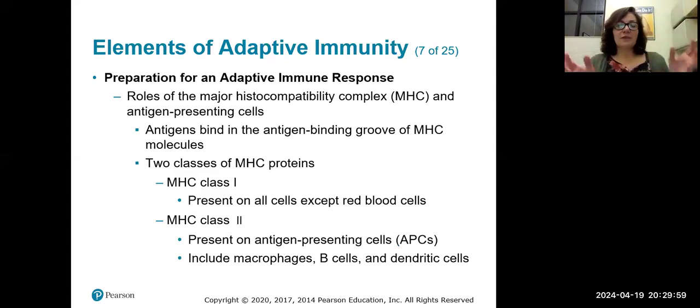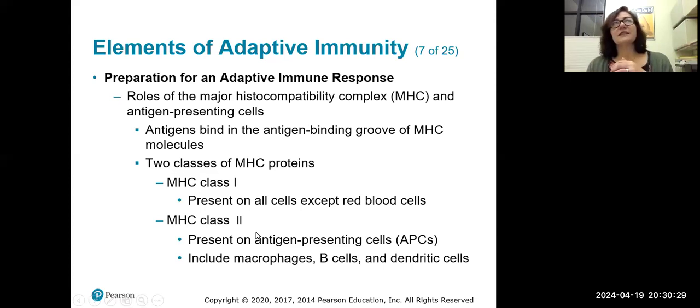So when a macrophage eats something and then it says, oh, I got to go tell somebody about this, and it leaves the site of infection and it goes into the lymphatic system and it goes to present this, it's presenting it specifically to the helper T cells. And the helper T cells can read things or can notice things that are presented on the MHC class 2.